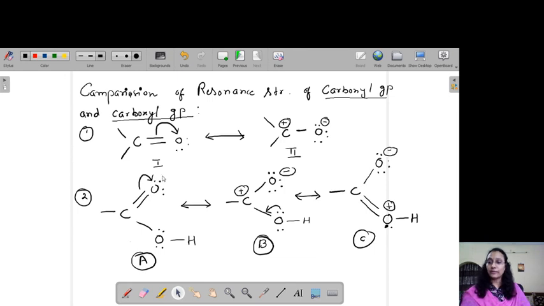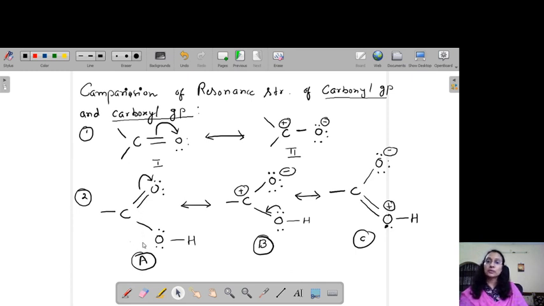However, it can be noted that the carboxyl group is also polar due to the resonance structures B and C. Okay. Here you will get 2 to 3 points. These are the answers of the 1 mark questions.